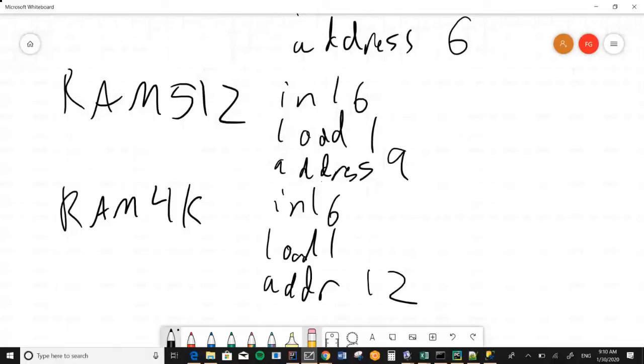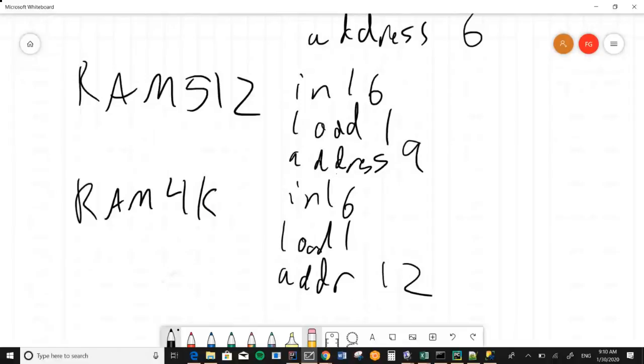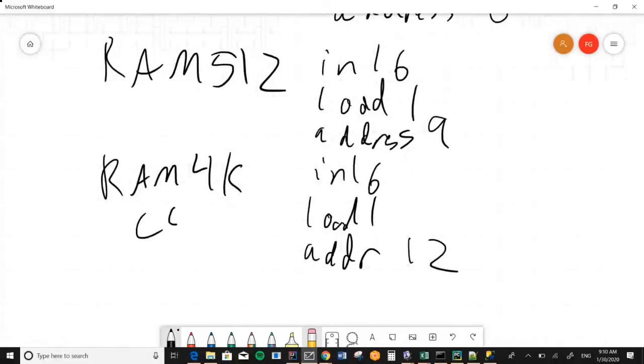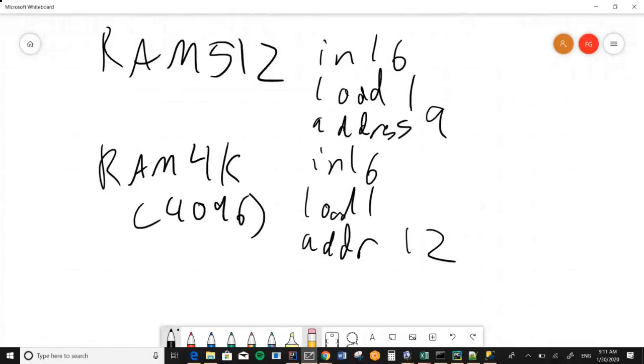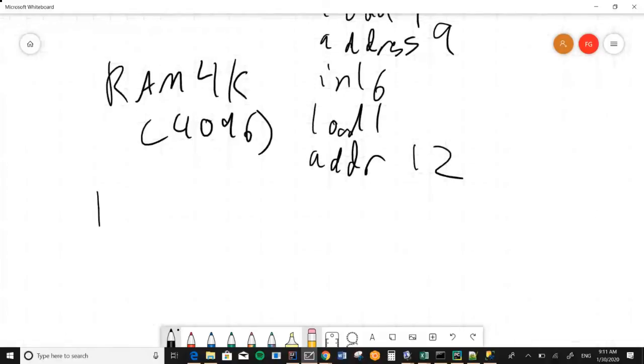So 4K, in other words, that is 4,096 distinct registers. And I am really, really not recommending that you paste 4,096 registers into this thing. You want to use 8 RAM 512s. You really, really do.